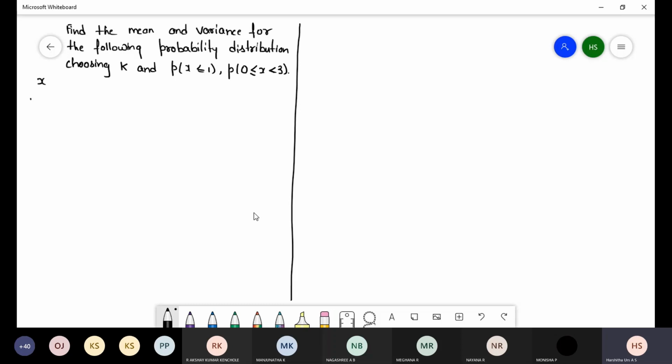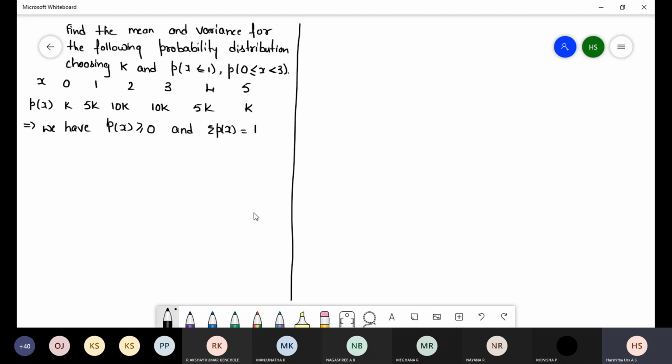So write the table: x, P of x. x is 0, 1, 2, 3, 4, 5, and P of x is k, 5k, 10k, 10k, 5k, k. Here also we have to start the solution. We have P of x greater than or equal to 0 and the sum of P of x must be equal to 1.